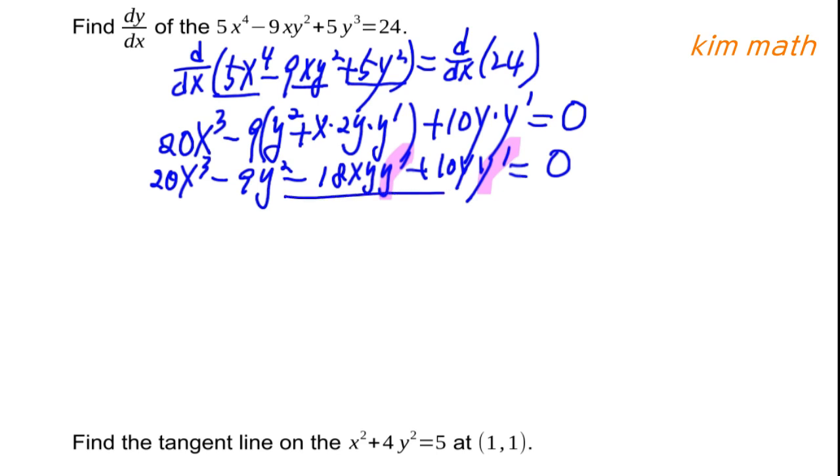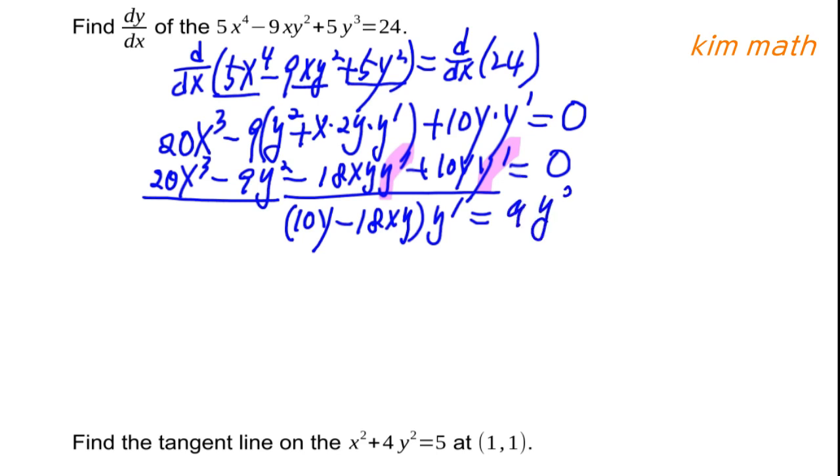From here, if I copy the positive part first, after you factor out y prime, then you have 10y minus 18xy times y prime outside. Now I will move these whole things to the other side by adding or subtracting. Again, if I copy the positive part first, 9y squared minus 20x cubed. Now we have the final answer, right?